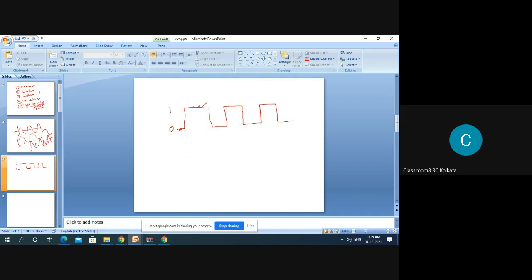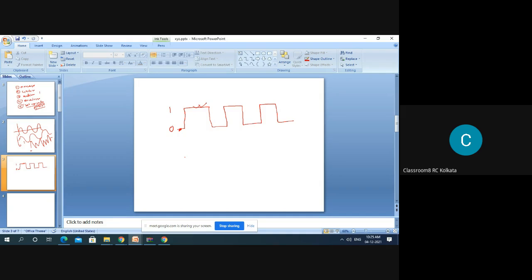And the devices used in analog signals are more expensive than digital signal. So these are all the concepts of data communication and the concept of digital signal and analog signal.